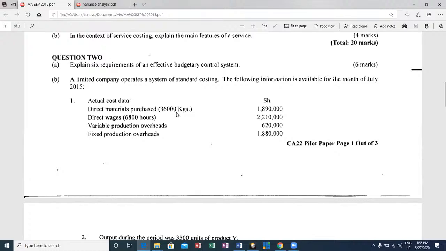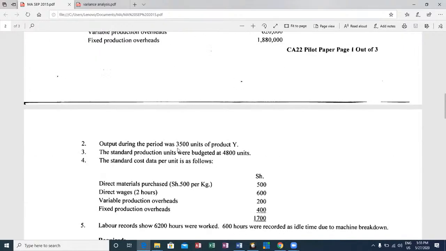But now listen to me very carefully. That one we have to differ with them. Do you know why? Because our material usage variance is standard quantity minus actual quantity multiplied by what here? Standard price. You can't tell me that you are budgeting to use 3,500, with the output there being 3,500, and then the actual quantity used was 36,000.